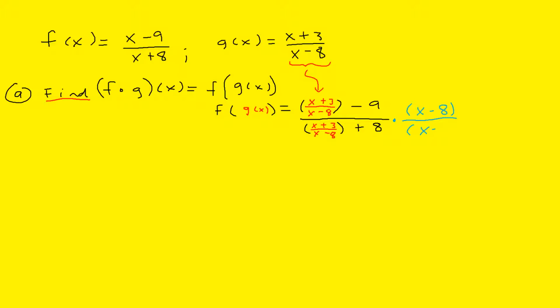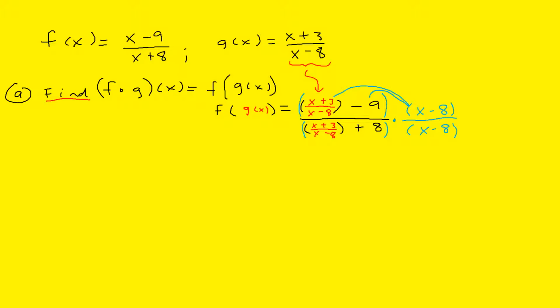That's legal. And then, of course, that means that we're going to have to distribute that x minus 8 over the two things, the rational expression and the negative 9. And also, we'll have a distribution downstairs.